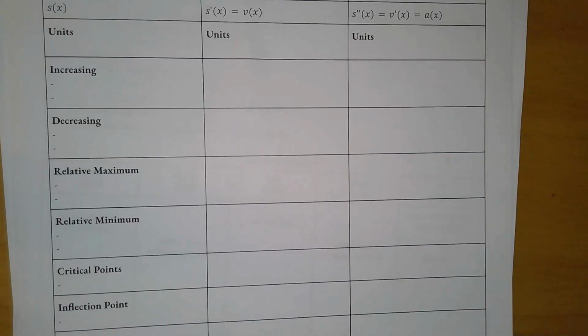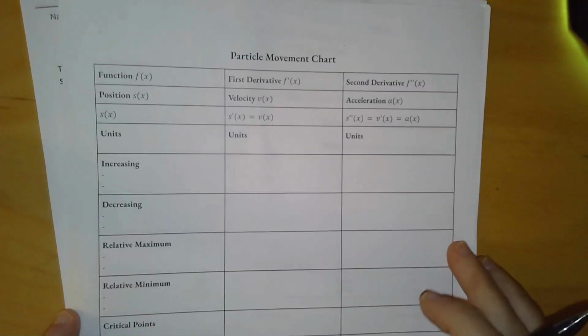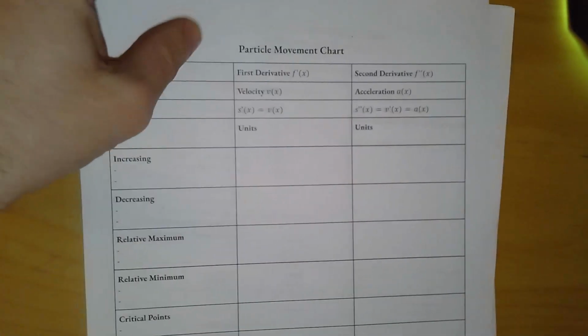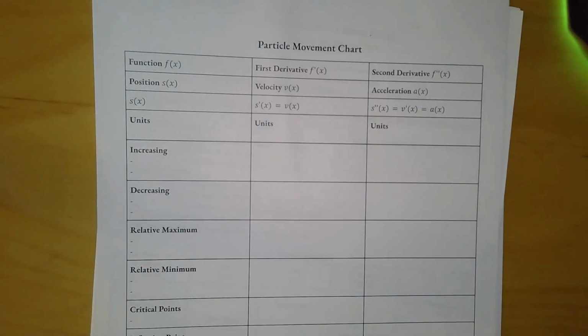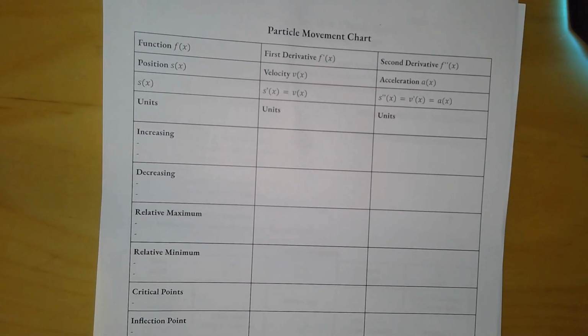This is because it's the same chart 3 times, and I'm only going to do it once because I don't need to repeat myself. Particle movement chart. So the particle movement chart is the overlap between the curve analysis charts and the applications of physics that come from calculus.